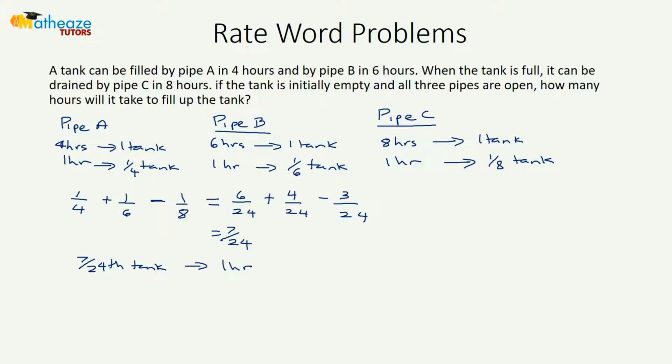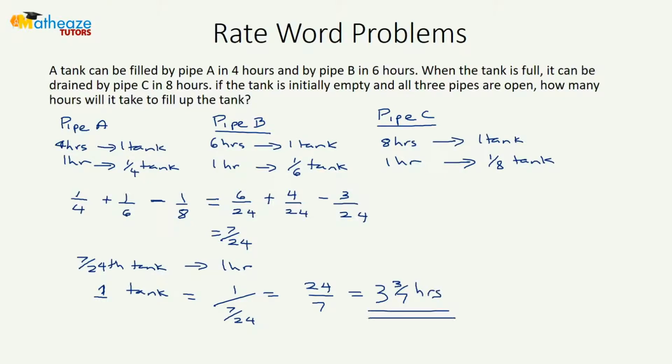So we want to find out how long it is going to take to fill up the tank. The tank is represented by 1. So one tank is going to be 1 divided by 7/24. So it's going to give us 24/7, which is 3 3/7 hours.